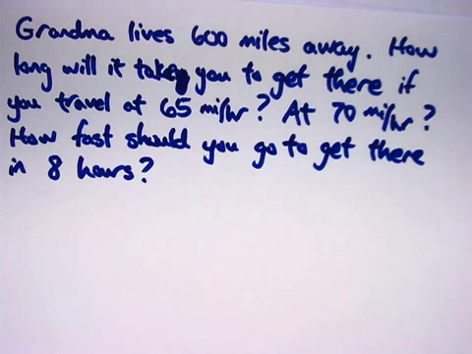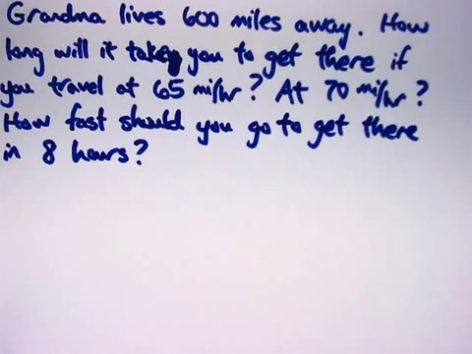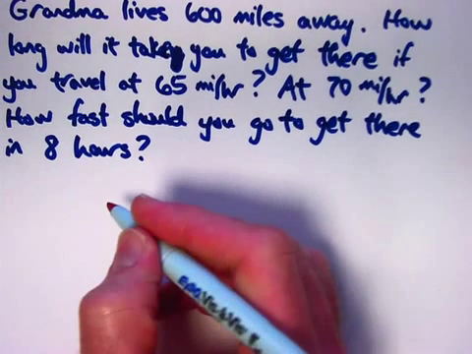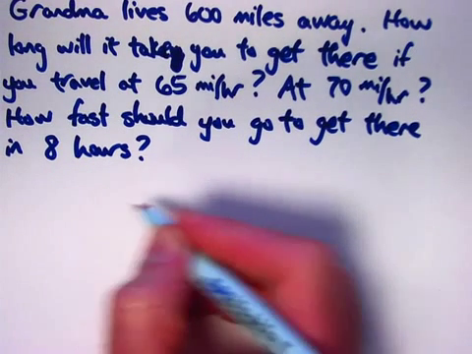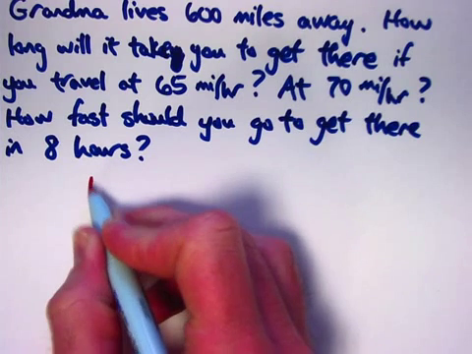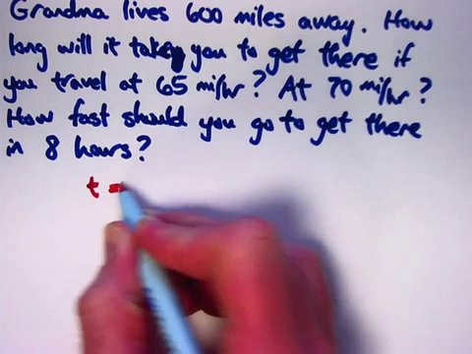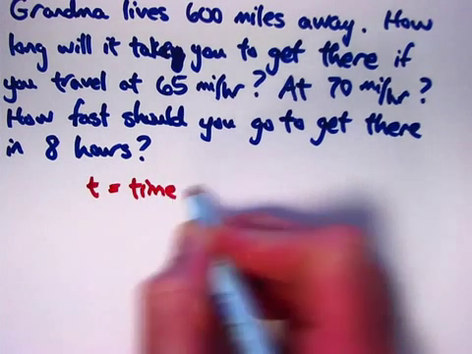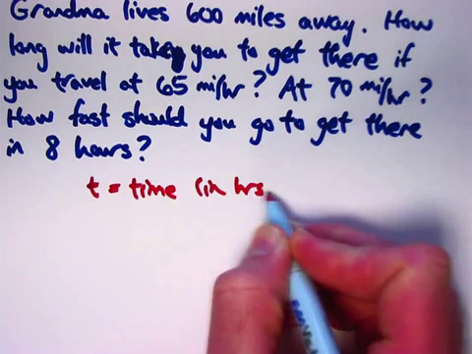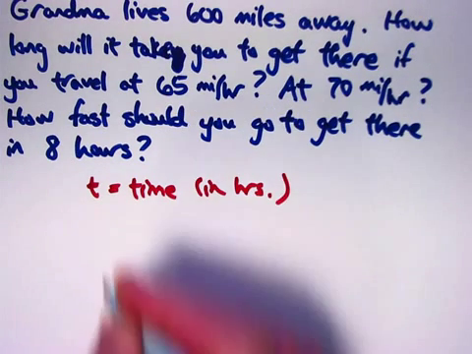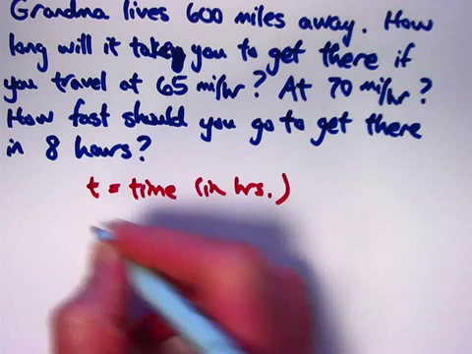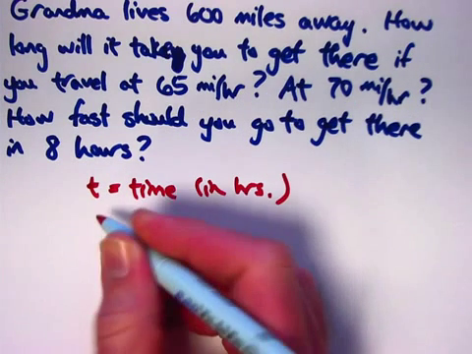Okay, are you back now? All right. Going to go ahead and use t for time. It might be good to define the variables here. t equals time in hours, and let's see, speed.